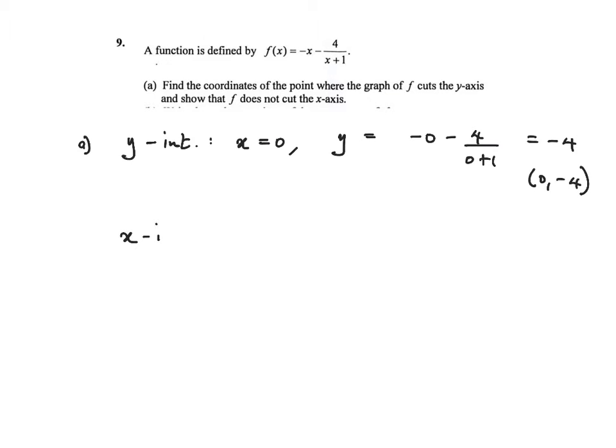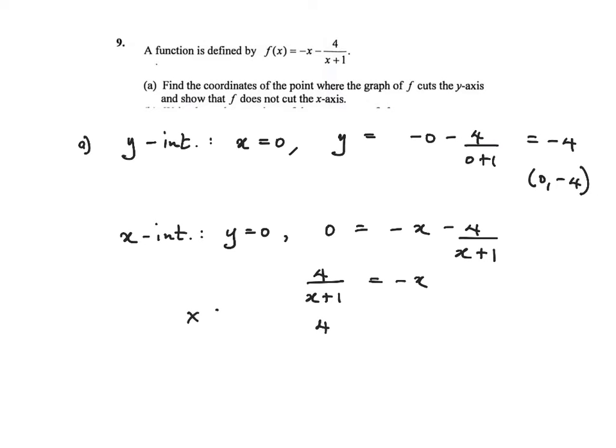X-intercept always occurs when y equals 0. So we have 0 equals minus x minus 4 over x plus 1. Now I can bring the 4 over x plus 1 onto the left hand side. Multiply by x plus 1.